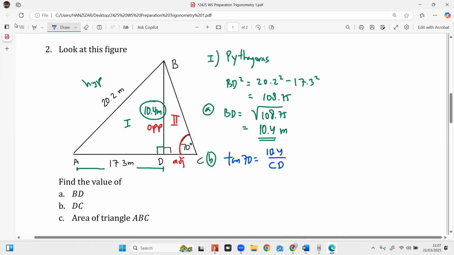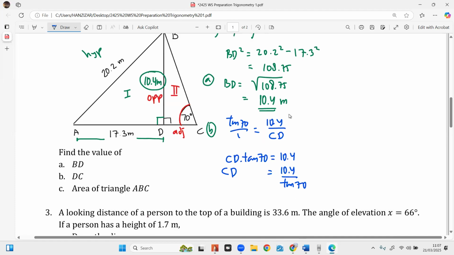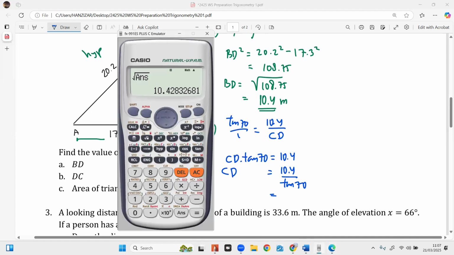And then tan 70 you put over 1 to make it simple, cross multiply. So CD times tan 70 equals 10.4. Then you can get CD equals 10.4 over tan 70.